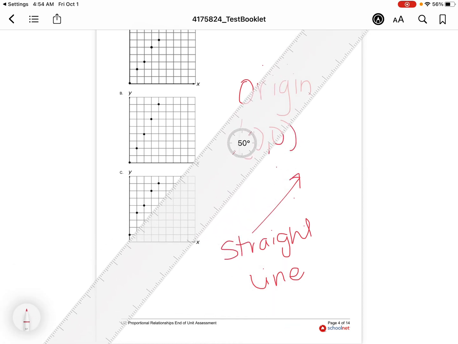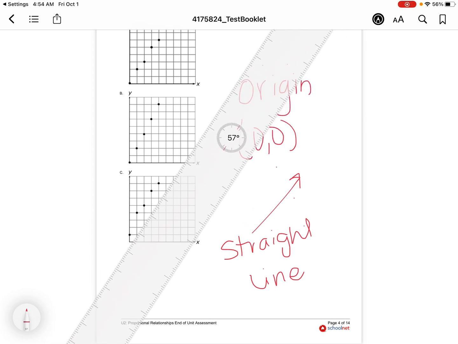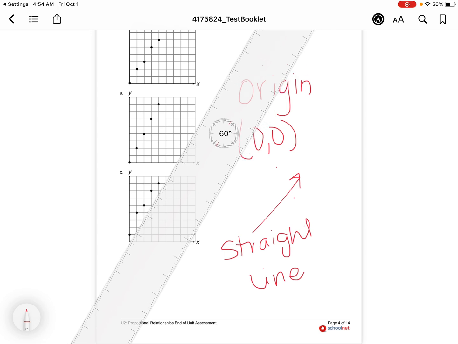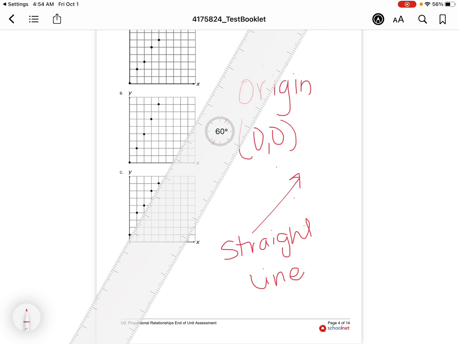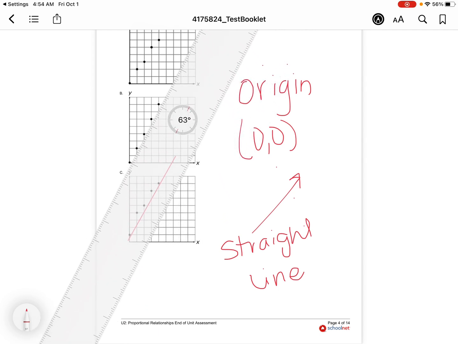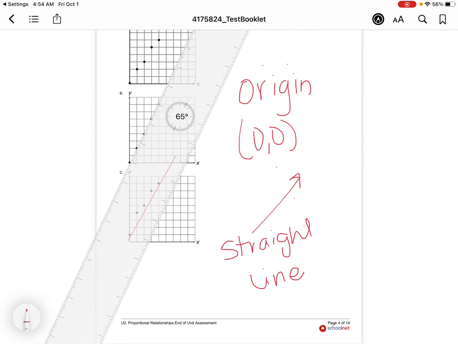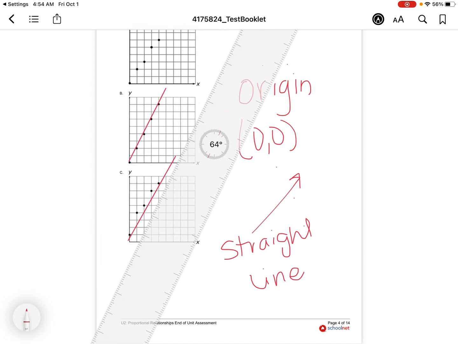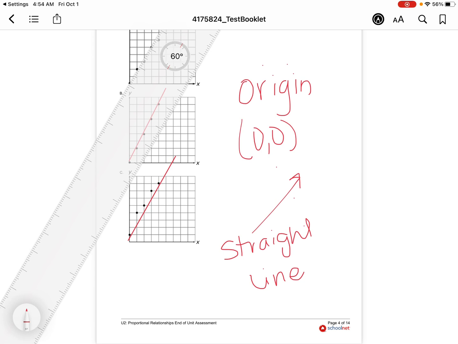So I'm going to line up with my origin. My iPad's being persnickety this morning, and it doesn't look like it's going to make a straight line. That one looks like it is.